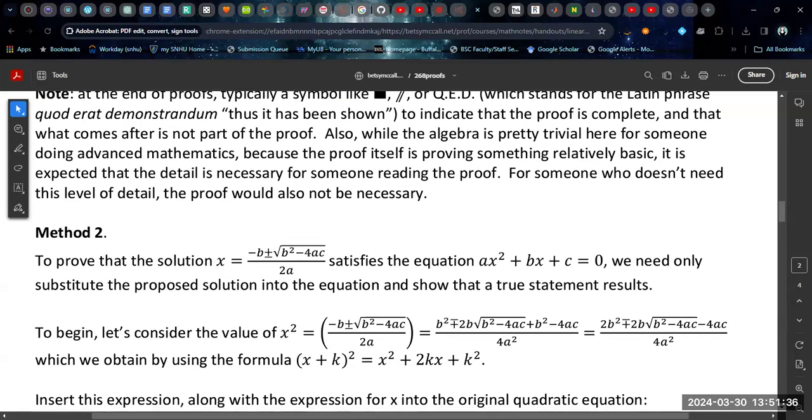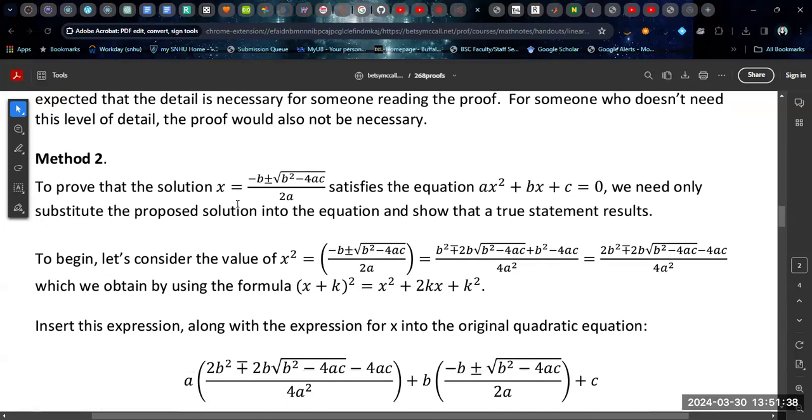Now, the second method that we have, as I mentioned, was to assume the solution is true, plug it in, and see if it gives you a true statement. So again, this is an algebraic context. We can get away with that. So here I'm going to substitute x squared. x is this. So for x squared, I'm going to substitute this in.